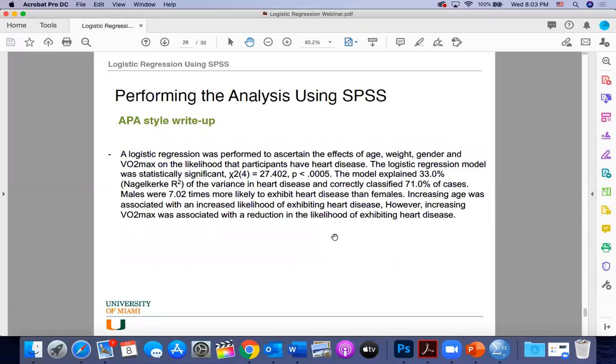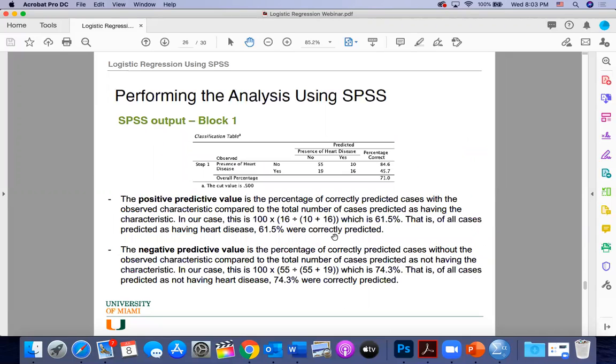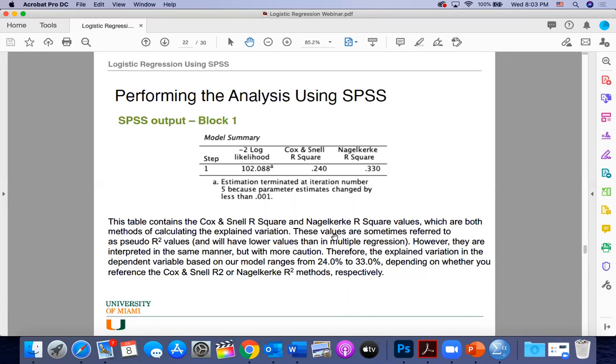Then we want to talk about the variation explained by the model. If you go back to the model summary, whether you decided to go with Cox and Snell or Nagelkerke, you can see that this value is interpreted as the variance explained by the model in heart disease.